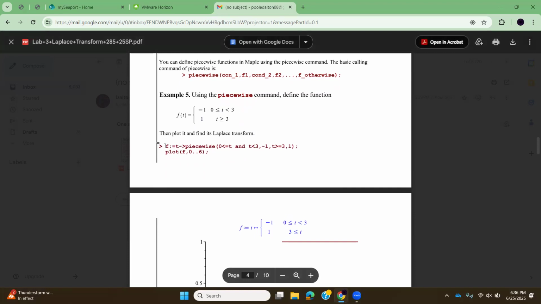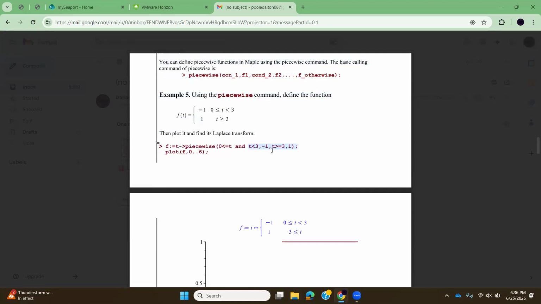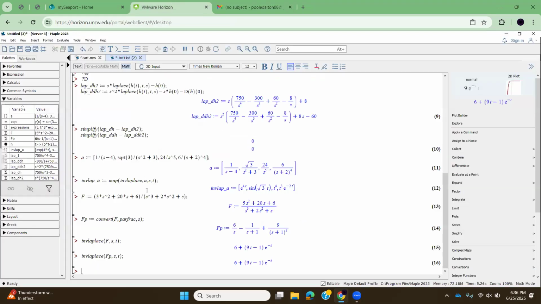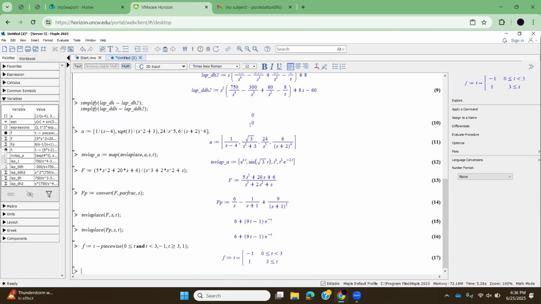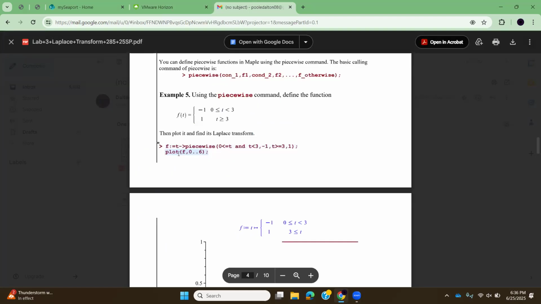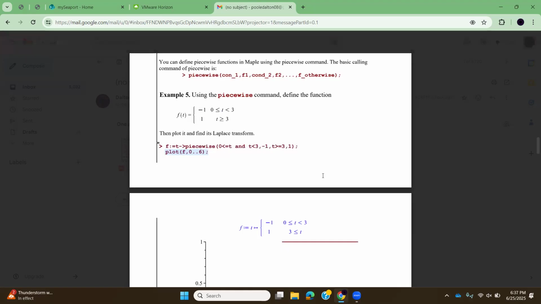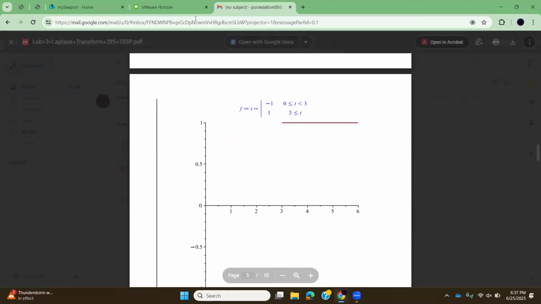So that's how you would code in the piecewise, and we're just defining that as f, so that's how we're going to call it, right? Boom. So that does your piecewise, and then we're calling f, and we're plotting it from 0 to 6, so we can see everything.